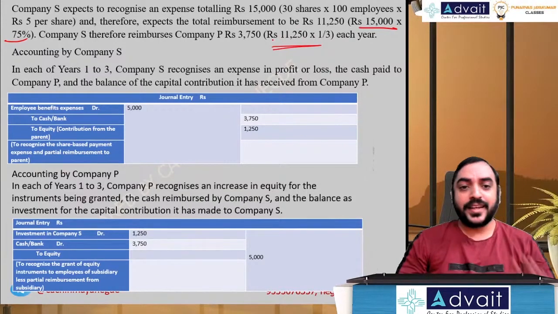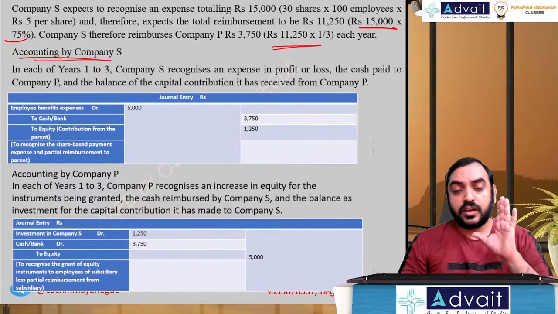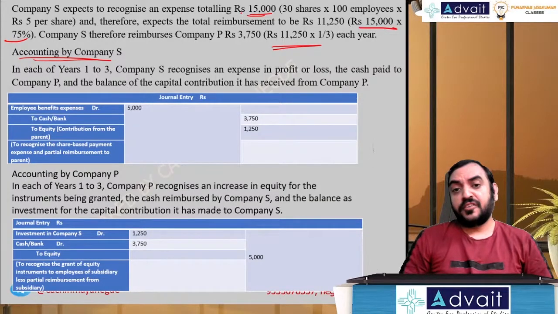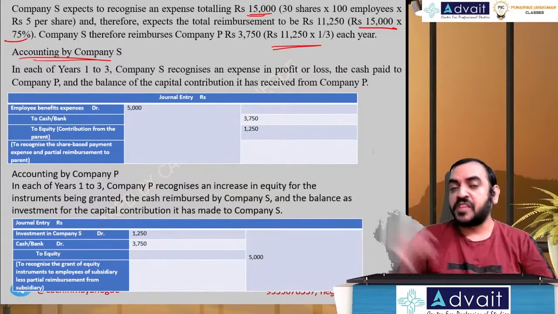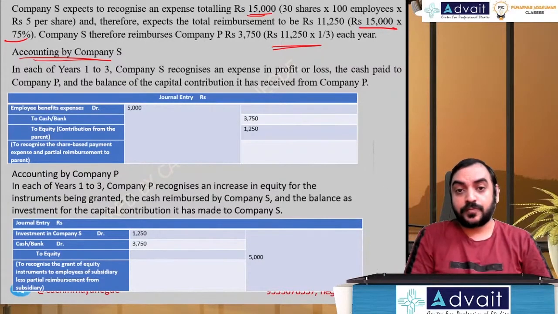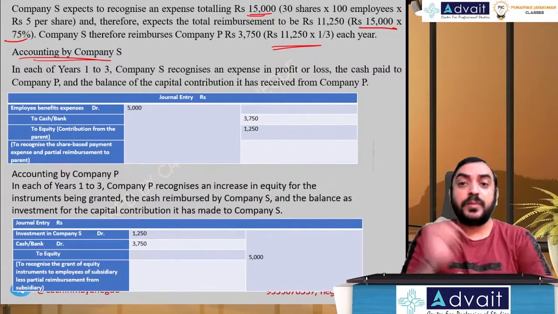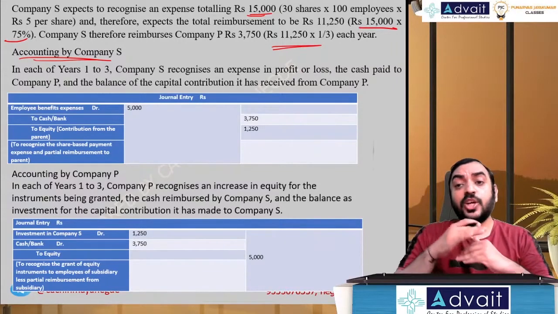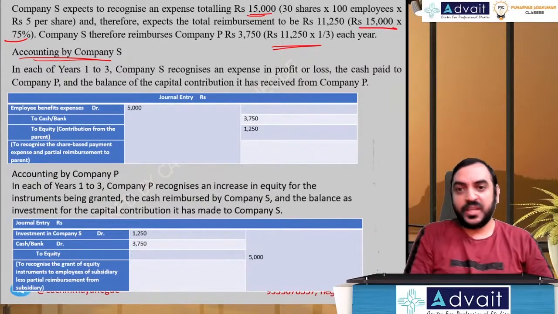So what entry will the subsidiary company pass? We are incurring 5,000, which is 15,000 divided by 5. Out of that 5,000, 75% we are going to pay in cash. It is expected to be reimbursed. The balance will be borne by the holding company, which will be treated as a contribution from the holding company.